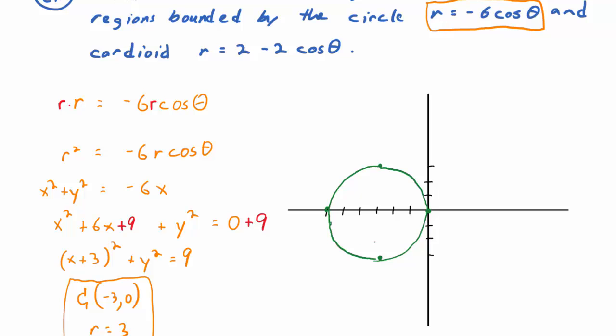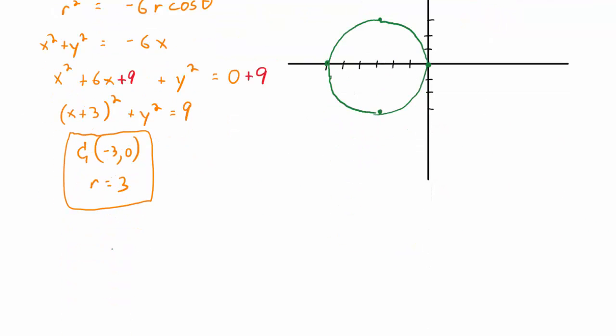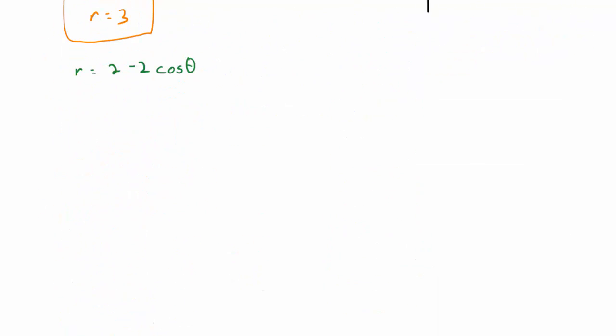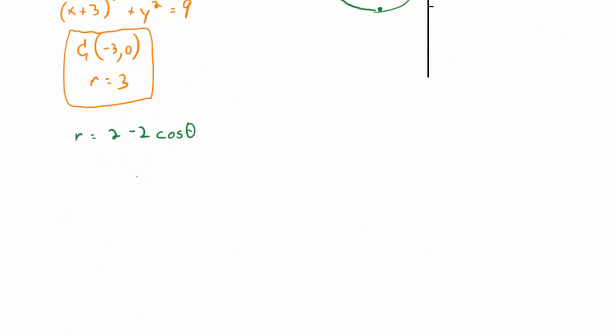So how do we know it's a cardioid? r equals 2 minus 2 cosine theta. All right, so the absolute value of a divided by b is, what's a? What's b? Yeah, take the absolute value, you do get 1, so it's a cardioid.